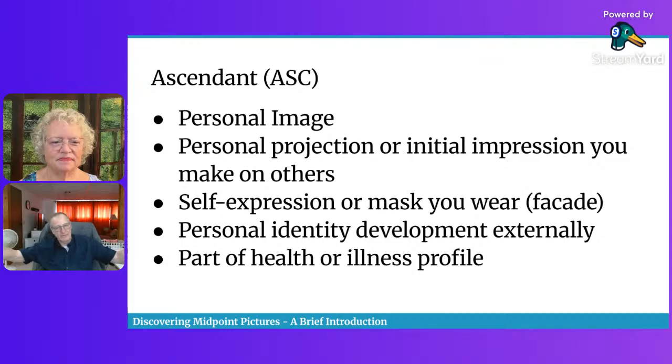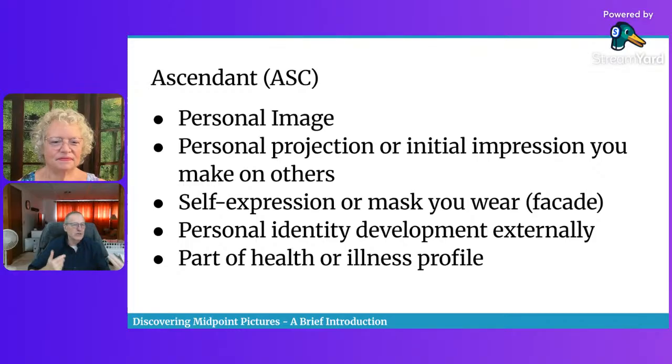It's kind of how other people see you. And what does personal image mean? Well, personal image is what you want people to see you as. So this is your personal projection or the initial impression you would like to make on others. The seventh house is the actual first impression that you make on others, but this is what you are trying to impress upon others.